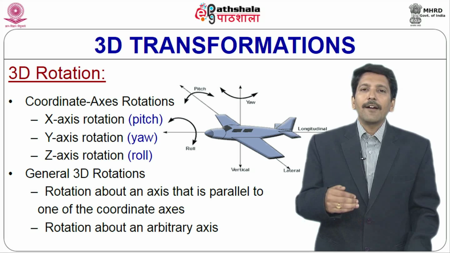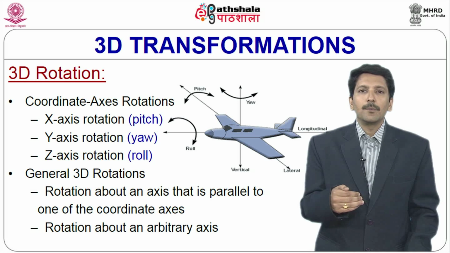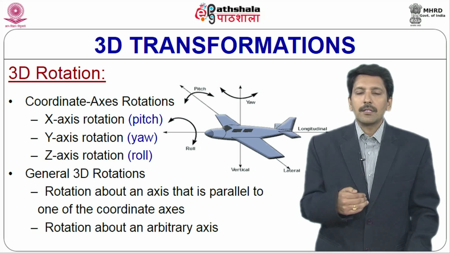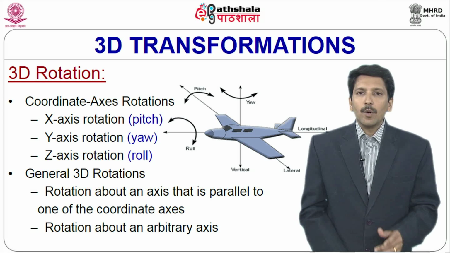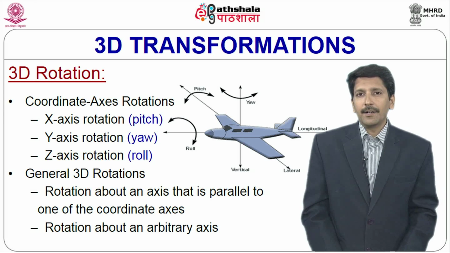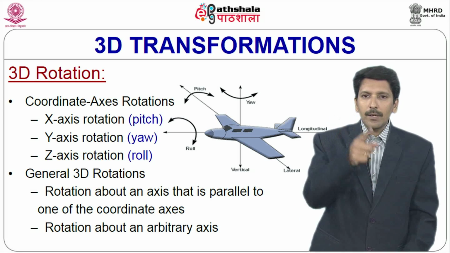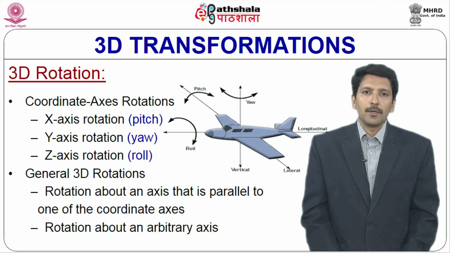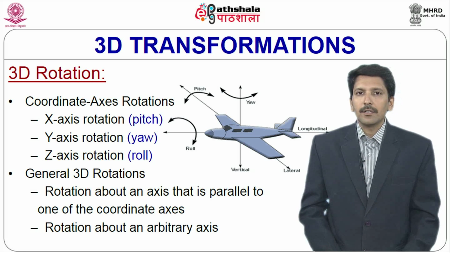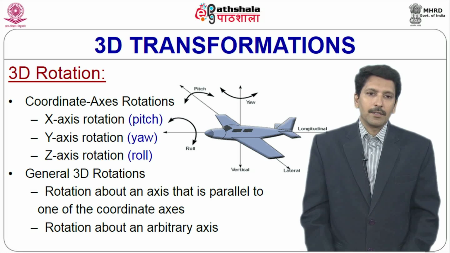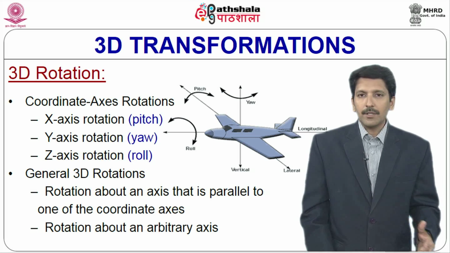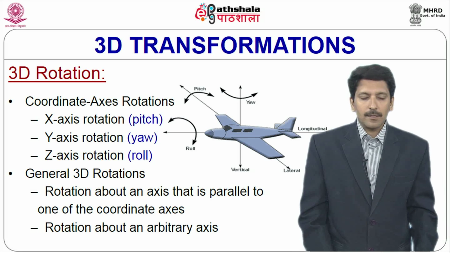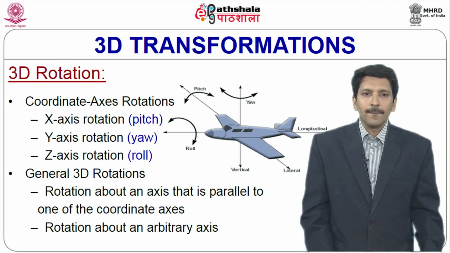Similarly, for positive rotation about y axis, imagine you are standing on y axis looking at the negative y direction, and now the anti-clockwise rotation about the axis is considered positive. Otherwise the clockwise rotation is obviously the negative rotation. These are the important conventions, and z is just similar to any other axis.